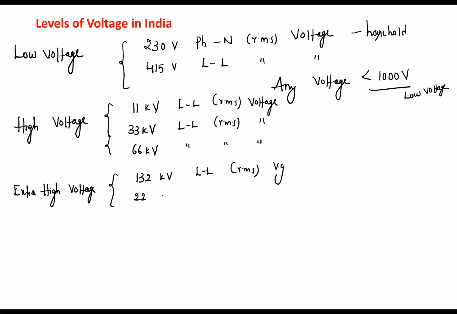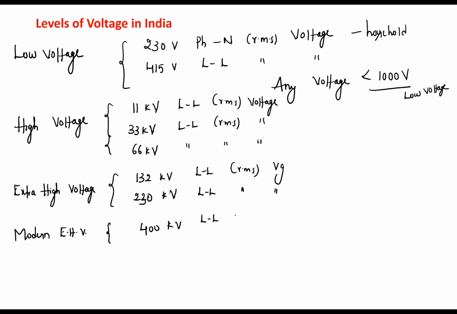Then 220 kV, sorry, 230 kV line to line RMS voltage. They are called extra high voltages. The next level is modern extra high voltage: the 400 kV system.